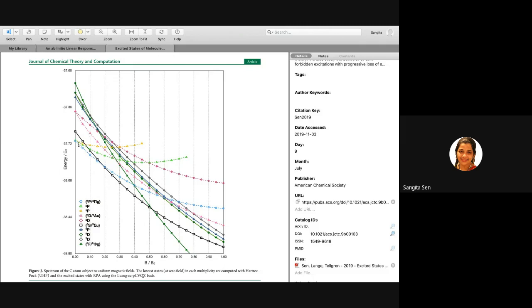So then this lowering is cancelled by the diamagnetic term, and the energy starts increasing again. That happens first for the yellow line, because that was the shallowest, then the green, and the blue has not yet turned, but it will also eventually turn. Up to 1 atomic unit, the blue line has not yet turned.